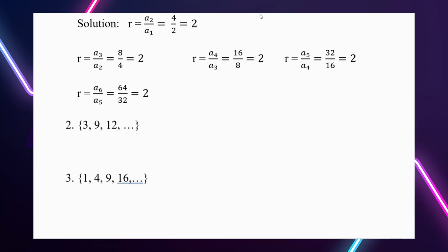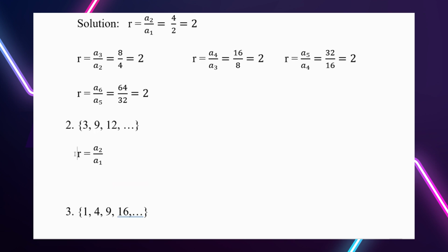Let us have our number 2 sequence, 3, 9, 12. Let us identify whether this sequence illustrates geometric sequence or not. Para malaman natin ito, kung geometric ito o hindi, kailangan nating kunin ang kanilang ratio. Dapat, they have the common ratio so that we can conclude that the sequence is a geometric sequence.